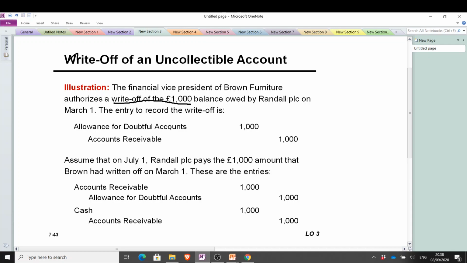The entry will be: allowance for doubtful accounts is debited 1,000 and accounts receivable is credited by the same amount.